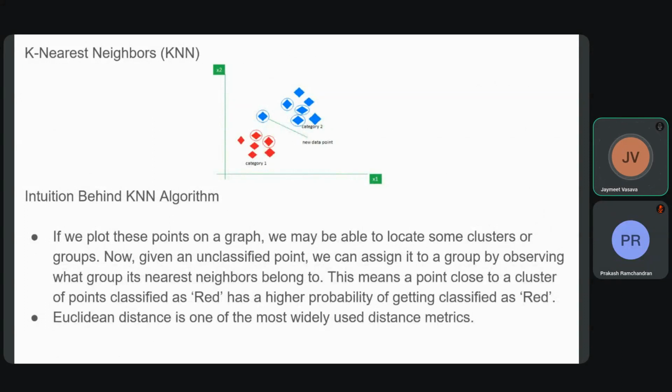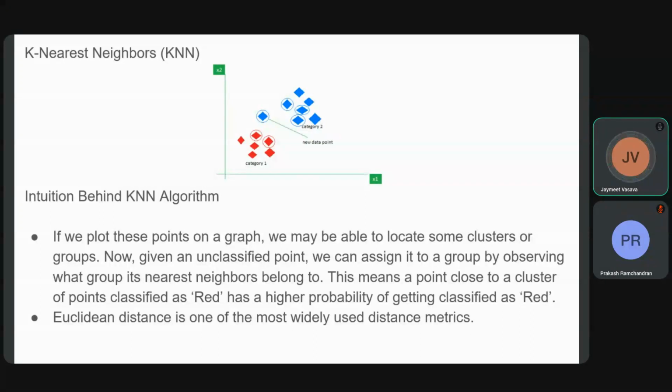So this is an example of how the KNN, or K nearest neighbor, works. Keep in mind the image of the graph that you are seeing. If we plot these points on the graph, we may be able to locate some clusters or groups that are already plotted.